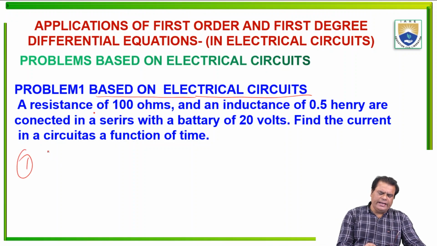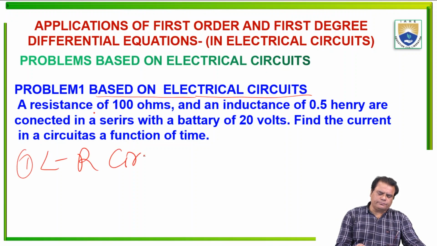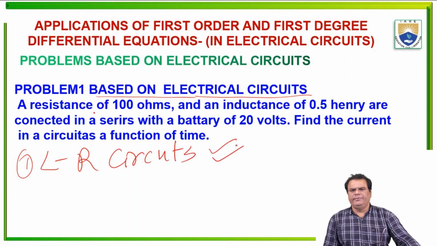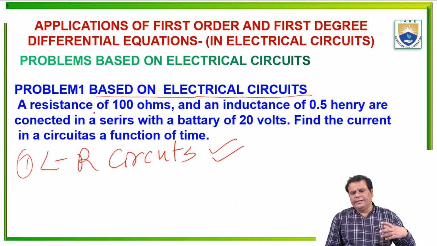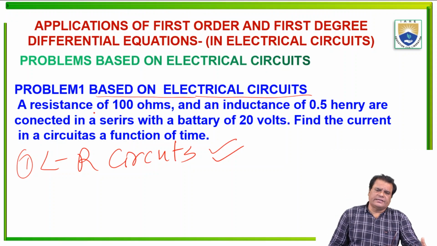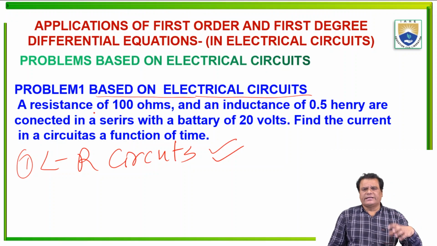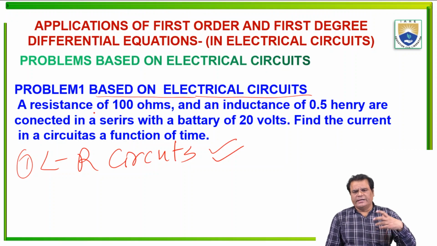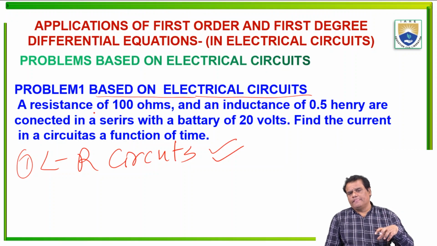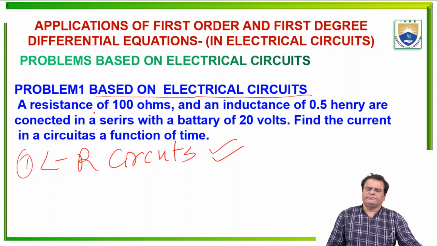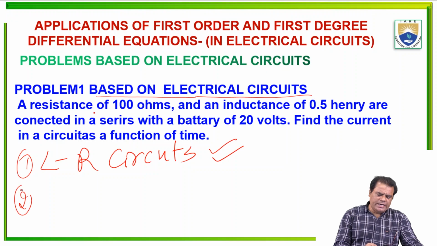One is the LR circuit. We have discussed the LR circuit and already given the formula for it. LR means inductance and resistance, these two components are given in our problem. Second is the CR circuit.